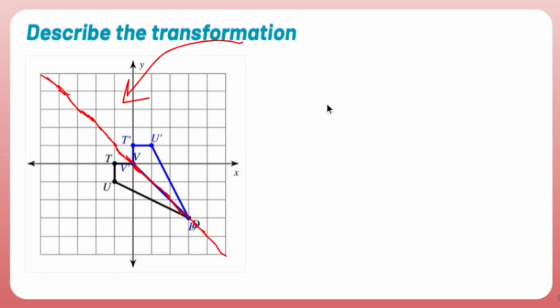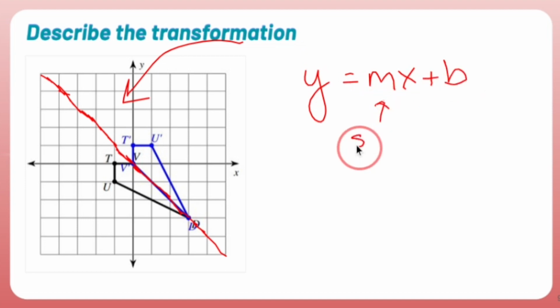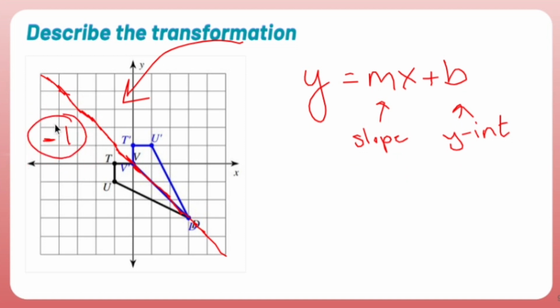What is the equation for that red line? Well, y equals mx plus b, where m is my slope, b is my y-intercept. It appears to me that my slope is up 1 over 2, and it's negative, so my slope is negative 1.